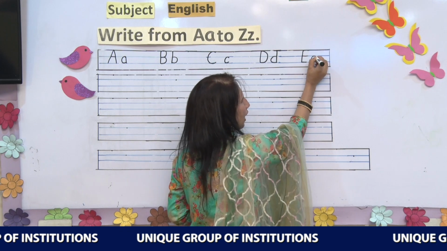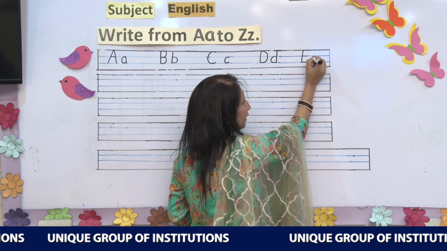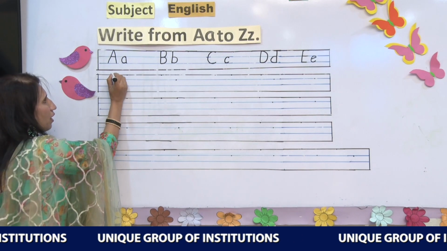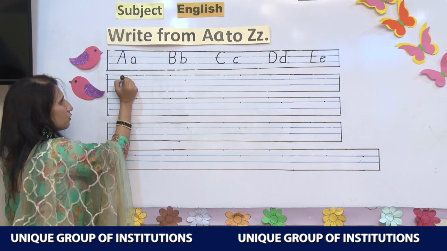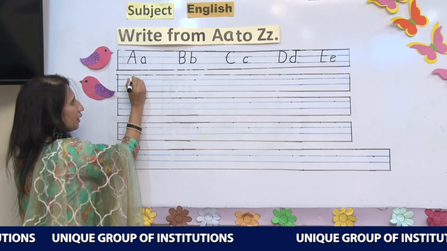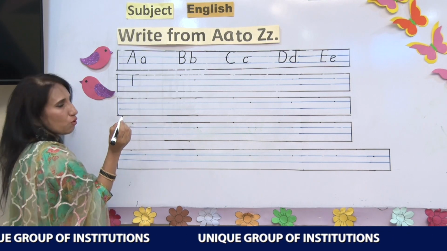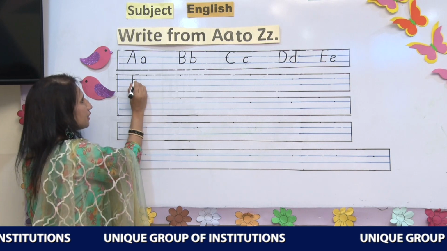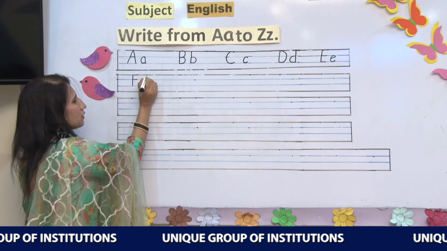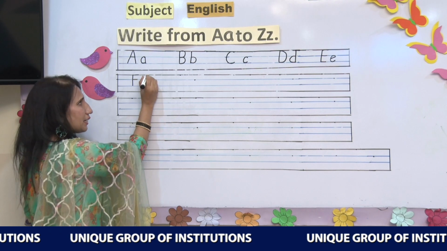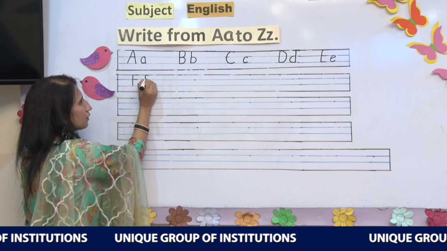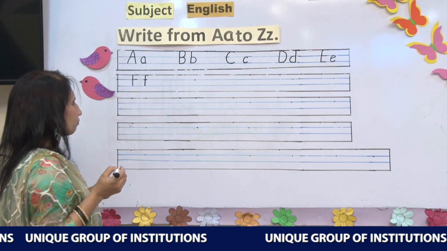Make a C and then make a slightly slant line to make the E. F will be written in the three lines, the capital one. Make a standing line, first sleepy line on the first line and second sleepy line on the second line. So this is the F, and the small f will be written again in the three lines like this and this. So this is F.